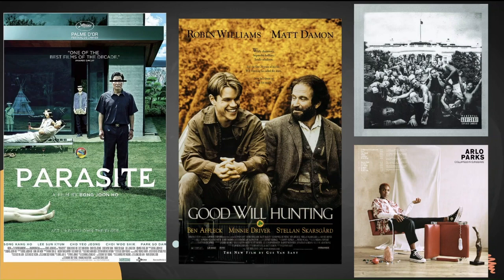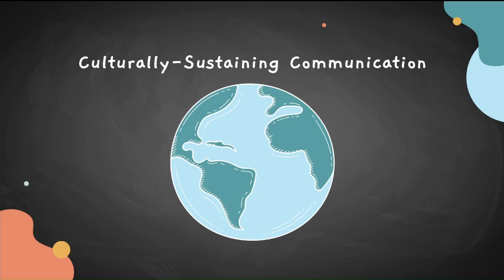Before I close out this, I want to focus on one of the biggest parts of new literacies, which is the idea of culturally sustaining communication. By tearing down the boundaries of the Western literary canon, we can focus on the stories of individuals who were once silenced and oppressed by Western society.